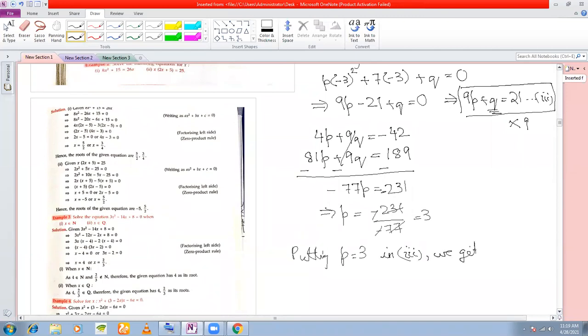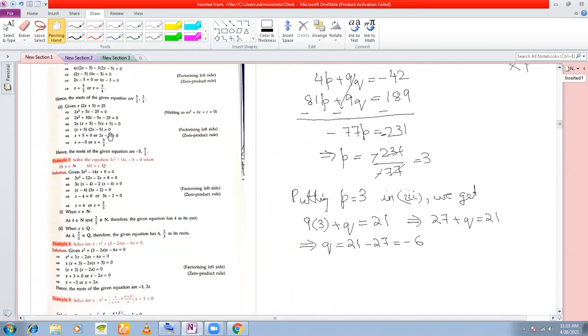We get 9p, which is 3, plus q is equal to 21. And therefore you get 27 plus q is equal to 21. That means you get q is equal to 21 minus 27, which is minus 6.